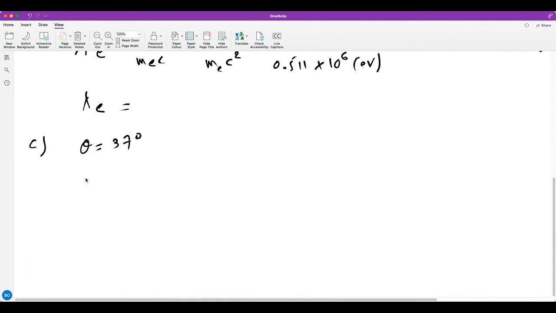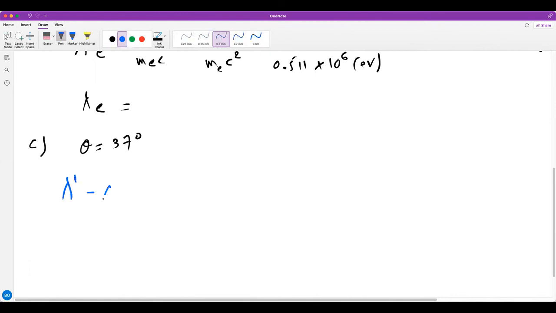The change in the wavelength is given by this formula, which is the difference in the wavelength between the scattered and the incident is equal to h over mc times 1 minus cosine theta.